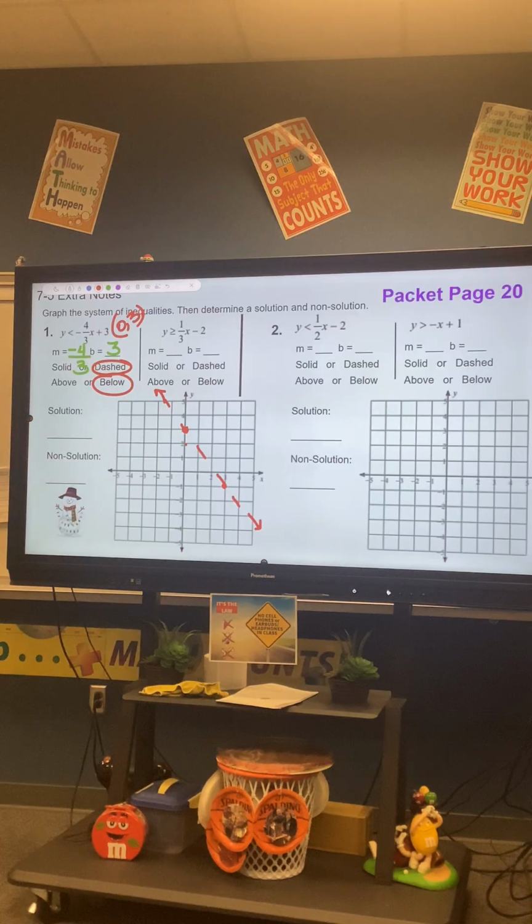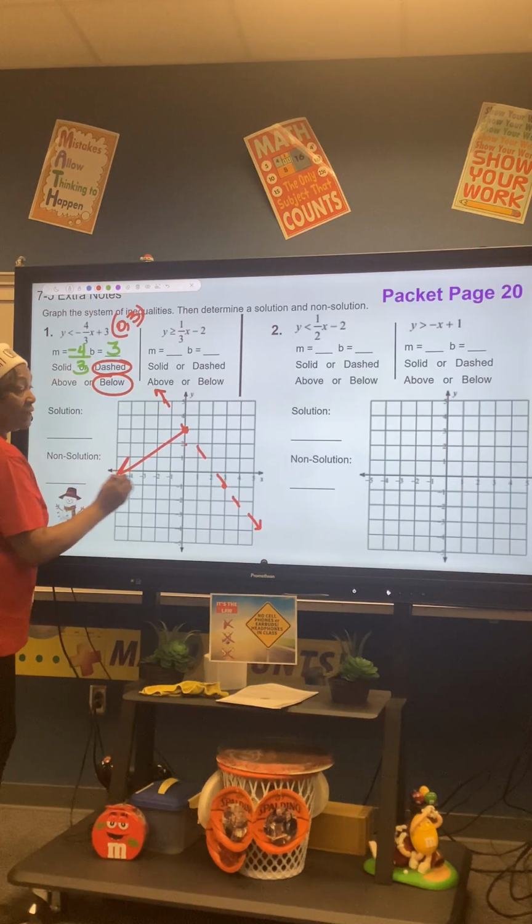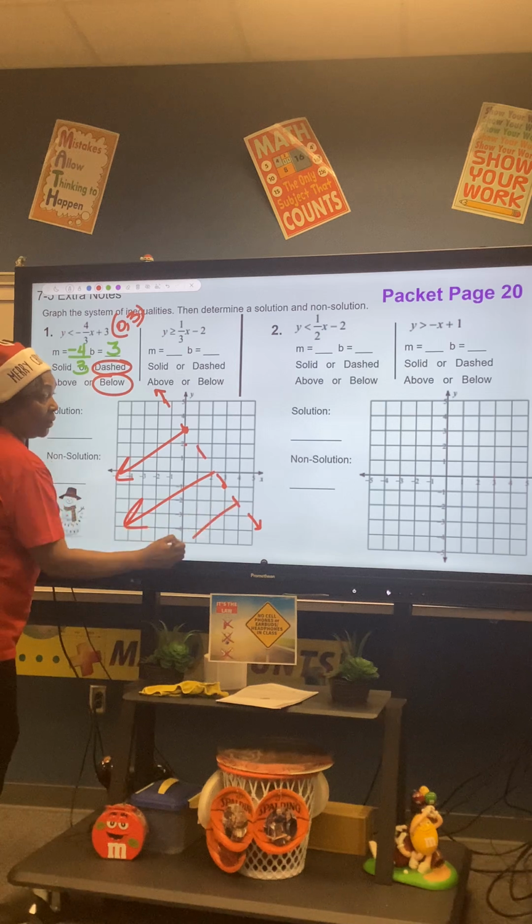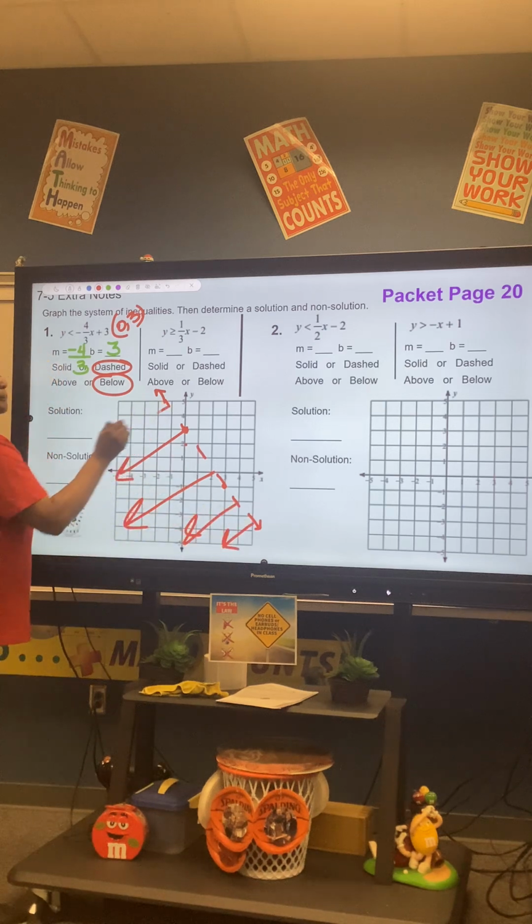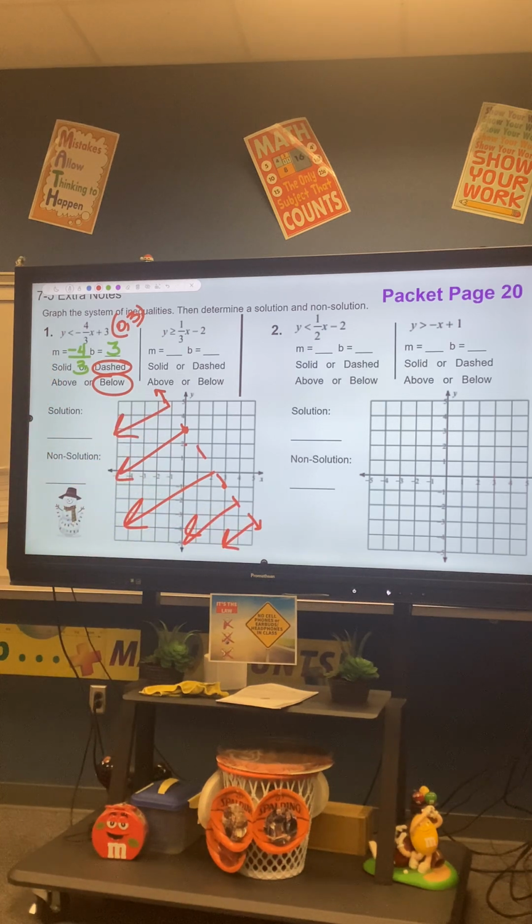You want all numbers that are less than 3. So you're going to take your little pencil, I don't care if it's your regular pencil or the color pencil, and you're going to shade below. We're halfway there. You got 2 of these on the test.